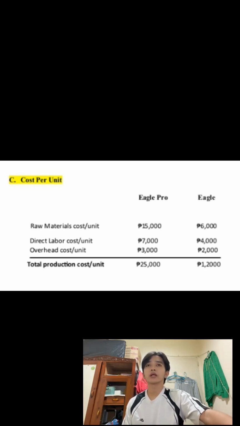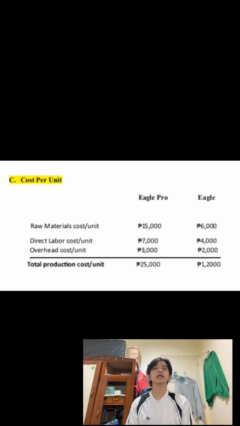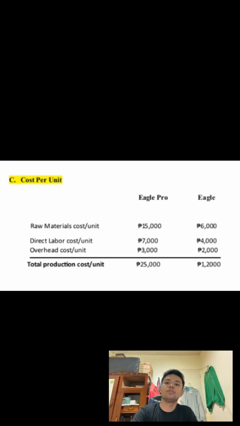Direct labor cost per unit is 4,000 in the Eagle and 7,000 in the Eagle Pro. Overhead cost per unit is 2,000 in Eagle and 3,000 in Eagle Pro. So the total production cost per unit in the Eagle is 12,000 and in the Eagle Pro is 25,000. That will be all. Thank you.